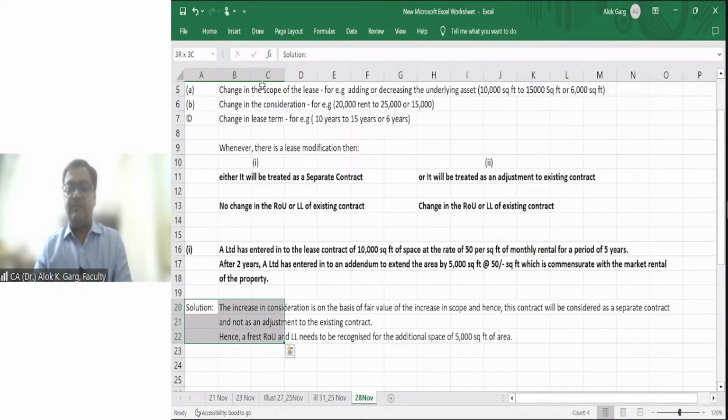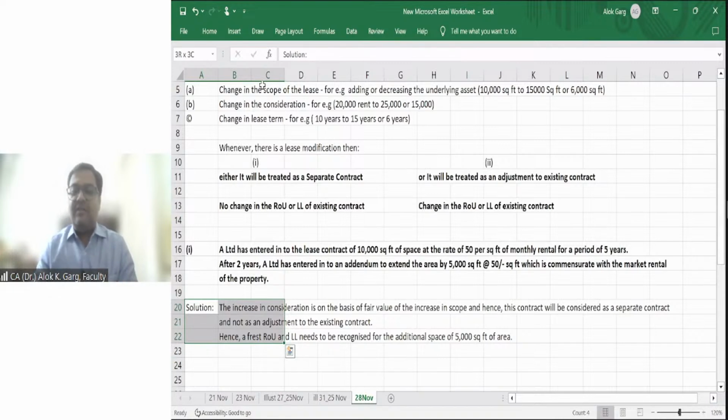For example, the lessee has told, see, I am your existing tenant, and I have already occupied 10,000 square feet of area, right? So please give me a major discount, okay? And instead of 50 rupees per square feet, the lessor agrees to receive 25 rupees per square feet, which is not a fair market rental. What does it mean?